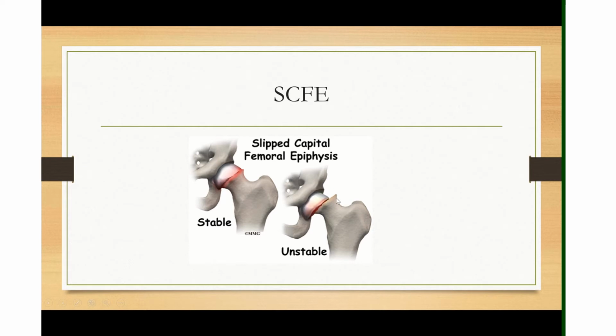So the oblique direction favors an increased risk of fracture or increased risk of slippage. The endocrine disorders that predispose to this condition are hypothyroidism, hypopituitarism, obesity, renal osteodystrophy, and hyperparathyroidism.